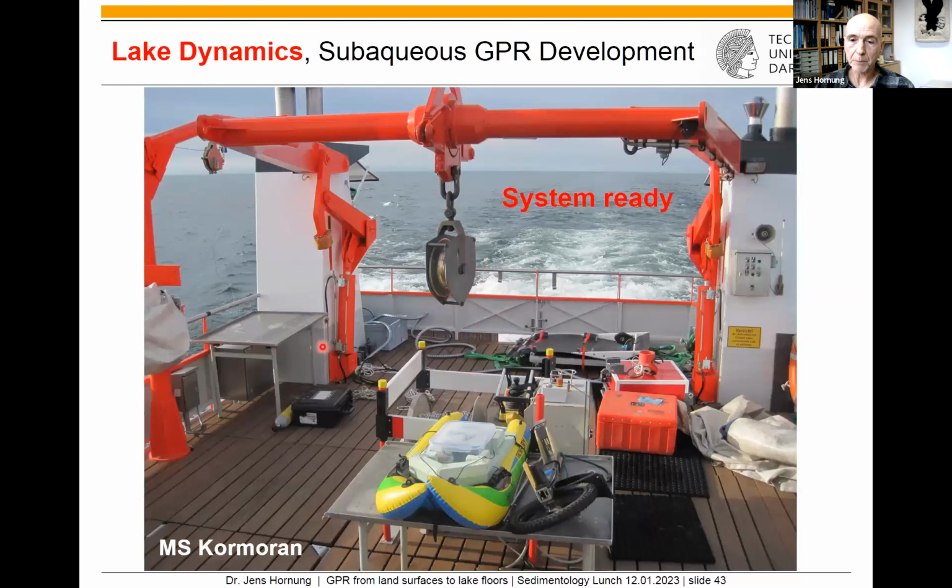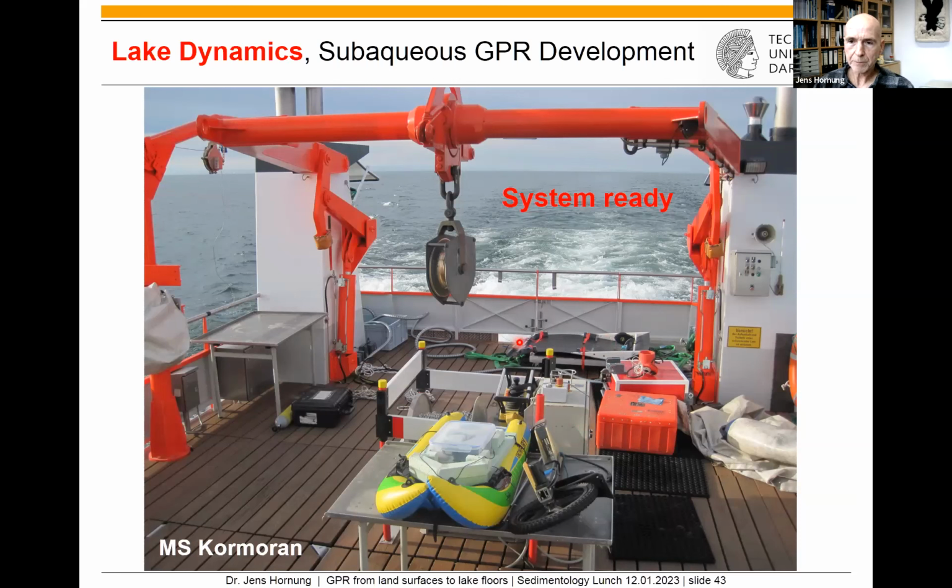This is with a big ship, Cormoran, and I'm very thankful to the Institute for Lake Research, the Institut für Seenforschung in Langenargen, especially Martin Wessels, who helped us a lot with his ships and his expertise in how to use submarine equipment. And this is our device.